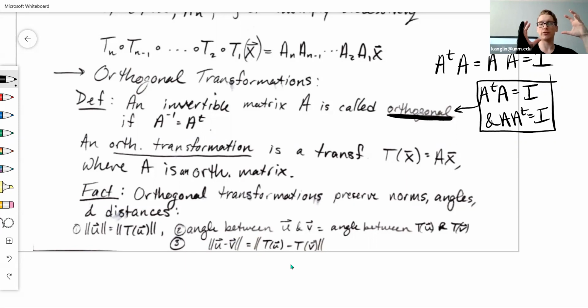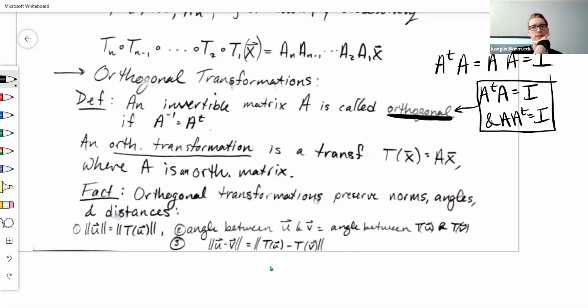Things might be changed around or flipped around somehow, but that distance between your points remains unchanged. And so maybe you're already thinking, well, it preserves norms, so all my lengths stay the same. It preserves angles between two vectors. So if I move them, those vectors kind of stay together. And it preserves distances.